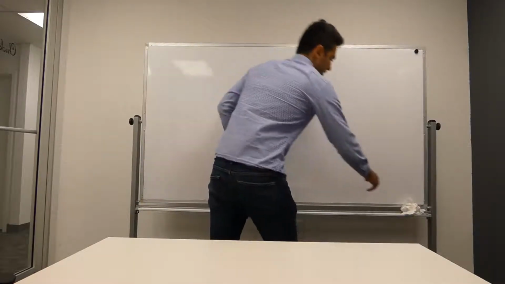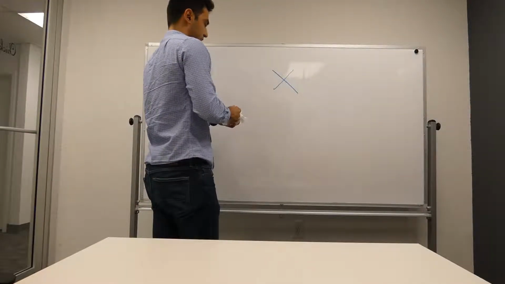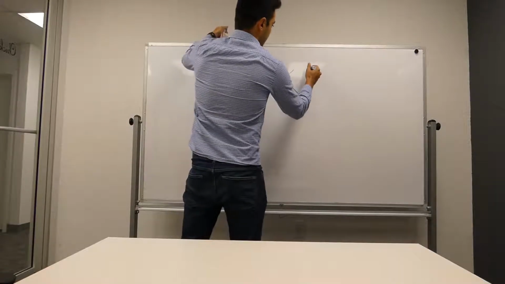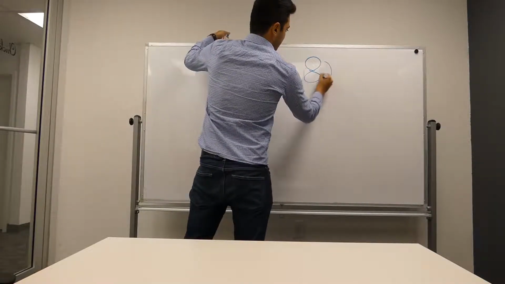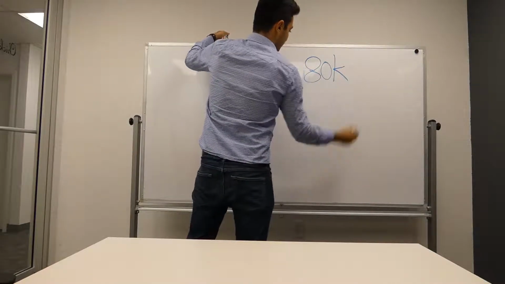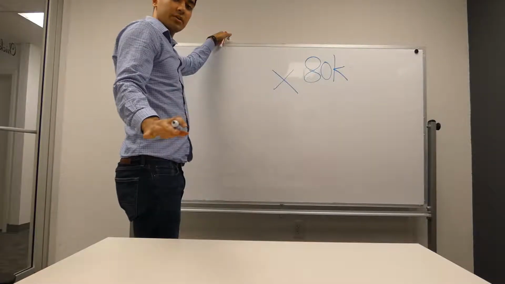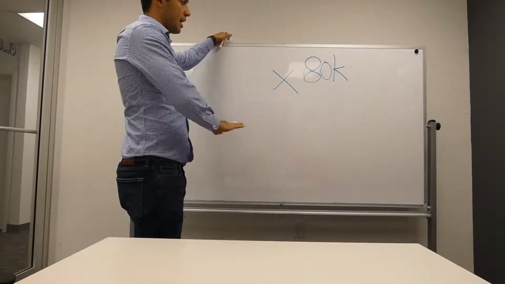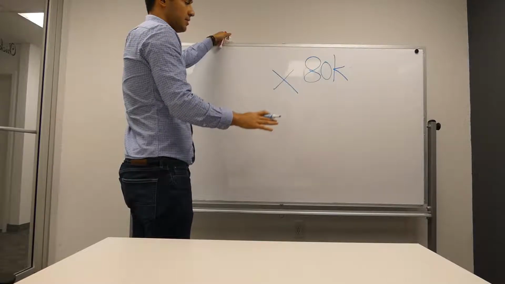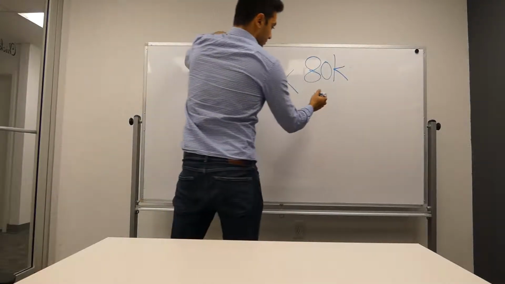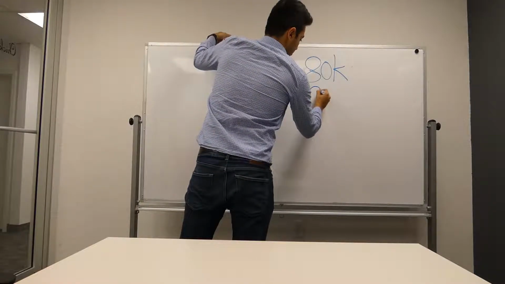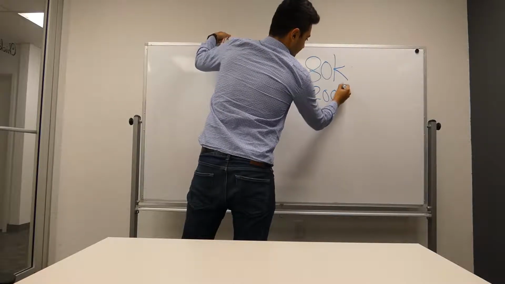So now, after I get the asking price on this property, let's just say it's $80,000, I do my comps, and the average price of all those properties comes up to $200,000.